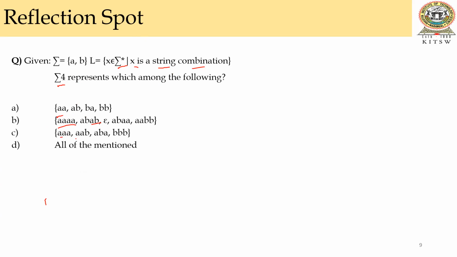Students, pause here and find the solution. If you are right, then you can go on to the other video. If you are not able to answer correctly, then please repeat the video again.